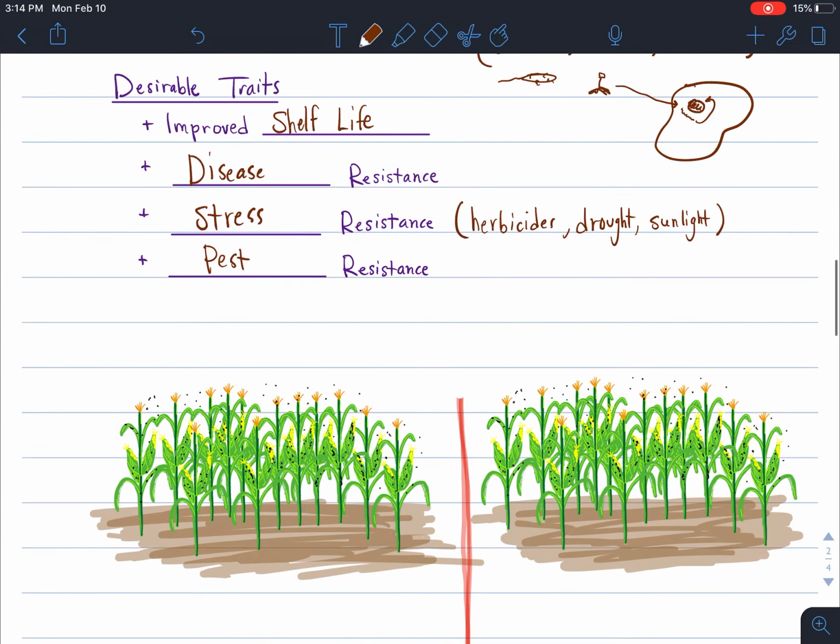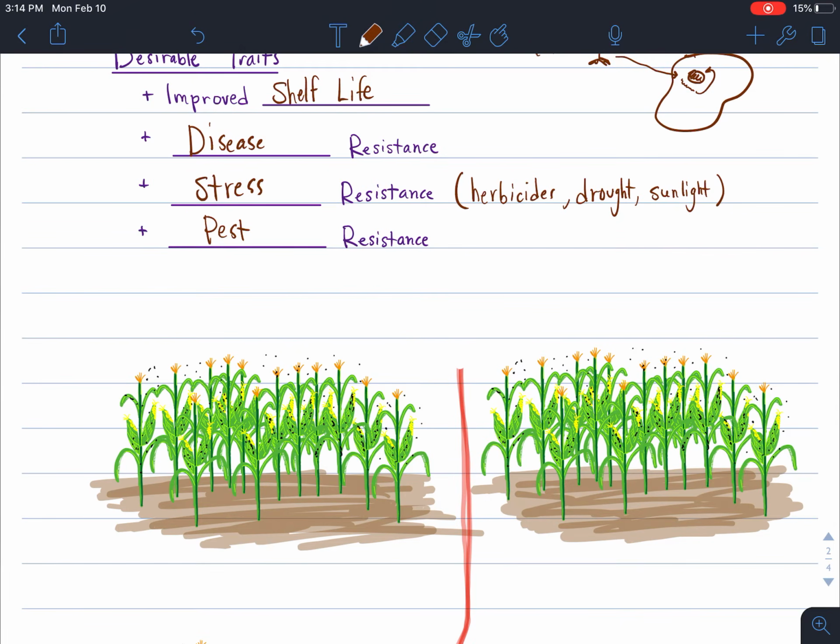Another example would be things like pest resistance, so that it doesn't get affected by pests like it normally would. So let's say we have 2 fields of corn, and I've got this infestation of pests here on my corn. Well, I could hire somebody with an airplane to come by and to spray my crops with this stuff that we're going to say is a pesticide.